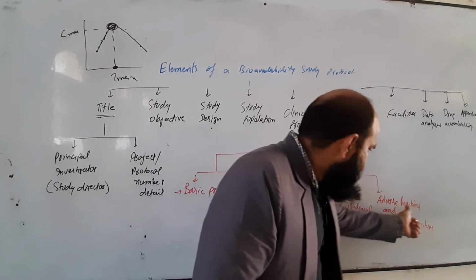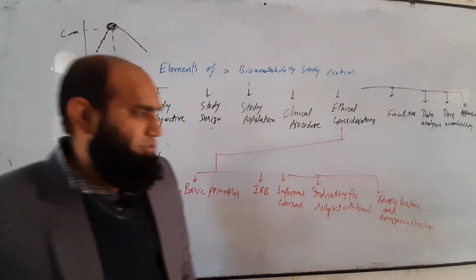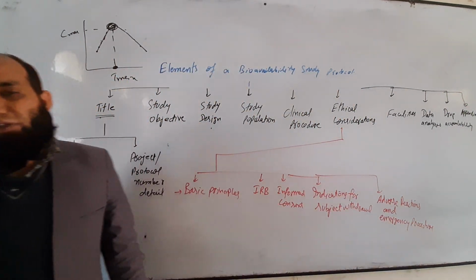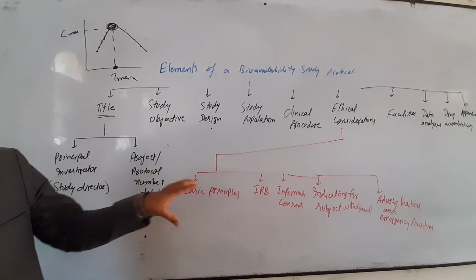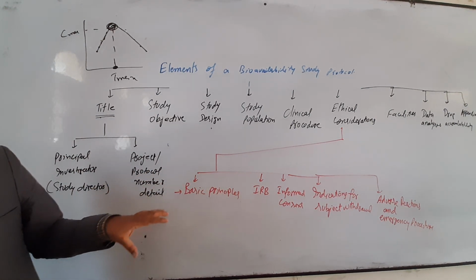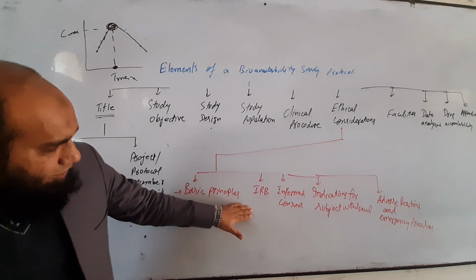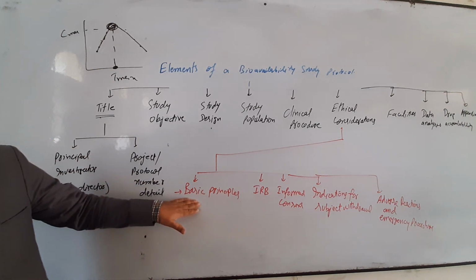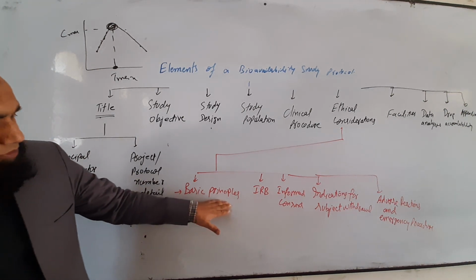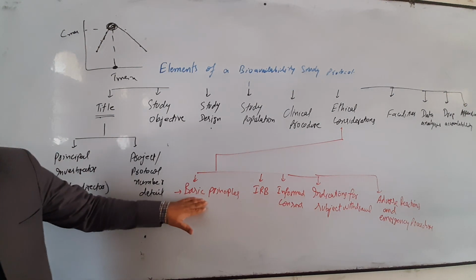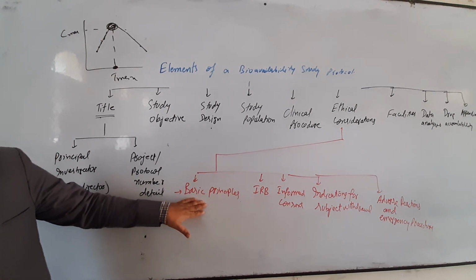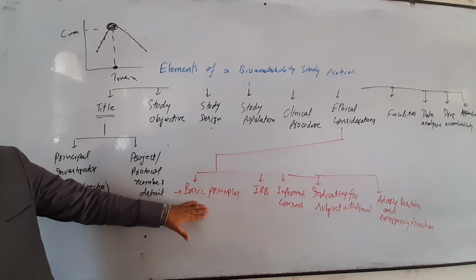In case of adverse reaction and emergency procedures, in ethical considerations, the ethical review board confirms all these parameters. First one is the performing persons: the team who are performing the bioavailability studies are very clear regarding their principles.